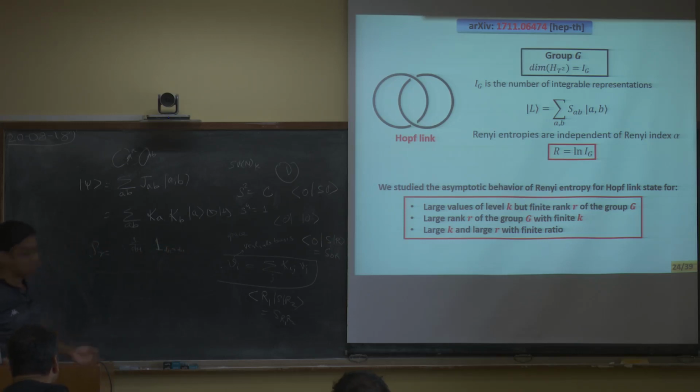Maybe the 1 minus alpha will cancel it. Yes, it will cancel out, because you get an extra dH on the trace. You're right.